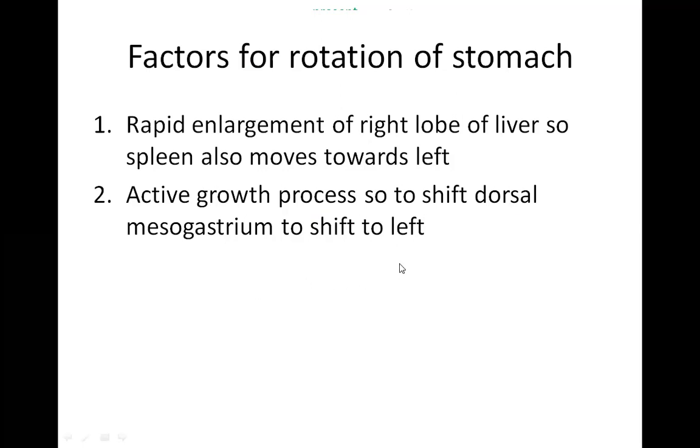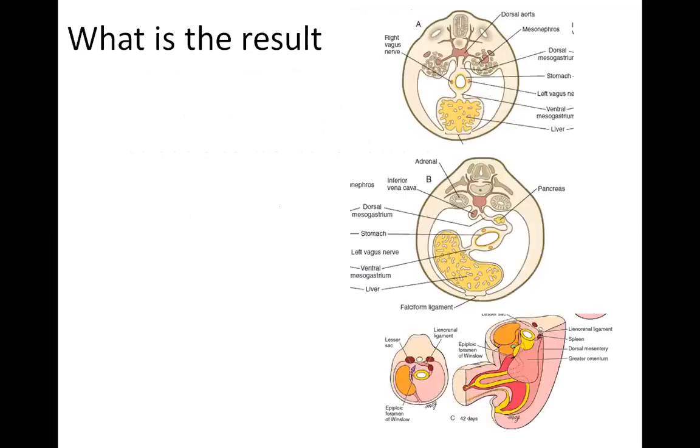Because the dorsal side of the body of the stomach is expanding more than the ventral side, there is active growth in the dorsal mesogastrium. So the dorsal mesogastrium is growing more than the ventral mesogastrium. These are the two factors leading to the rotation of the stomach.